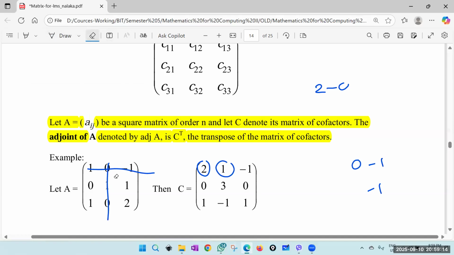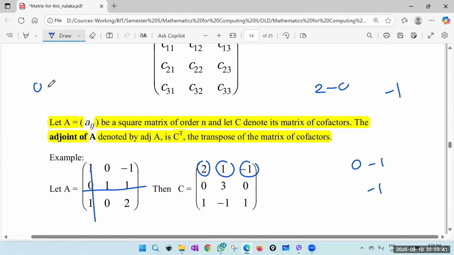Okay. So then you take this. 0 into 0 is 0. 0 minus 1 is minus 1. And this is 1, 3. 1 plus 3 is 4. Therefore, you write as it is. So then, of course, this one. 0 into 2 is 0.